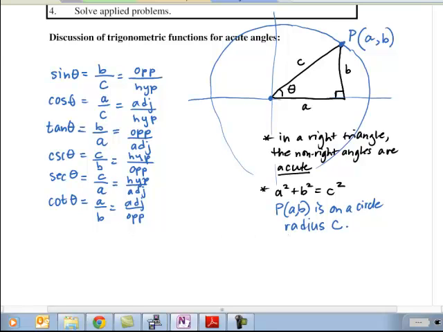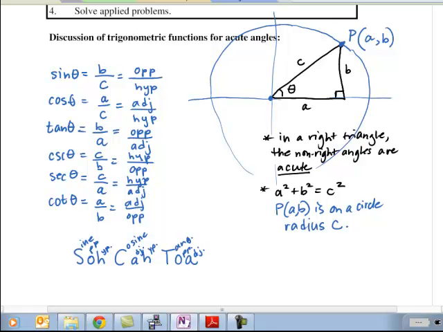One thing that is sort of helpful, you may have learned this at some point, is this acronym or mnemonic, SOHCAHTOA. So the sine function is the opposite over the hypotenuse. The cosine is the adjacent over the hypotenuse. The tangent is the opposite over the adjacent.